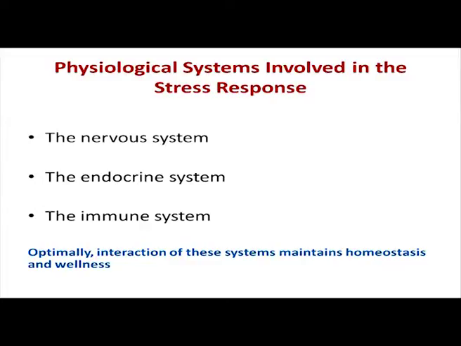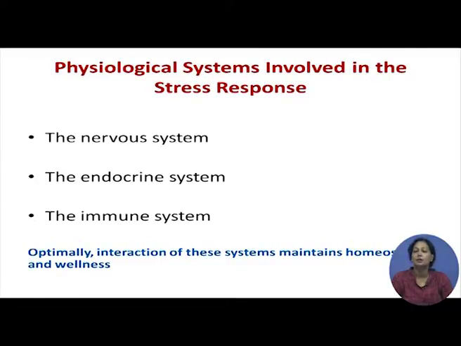So, primarily the three systems, that is the nervous system, the endocrine system and the immune system, are involved in modulating stress within the individual. Optimally, when these three systems are working ideally, their interaction helps to maintain homeostasis and wellness.